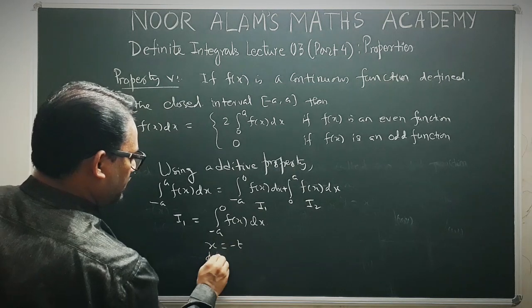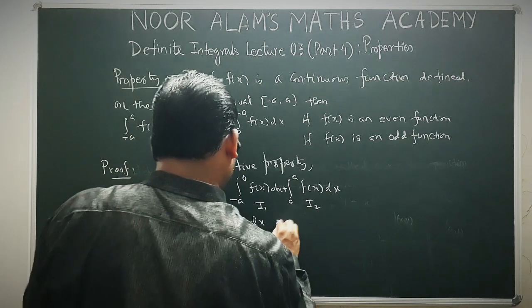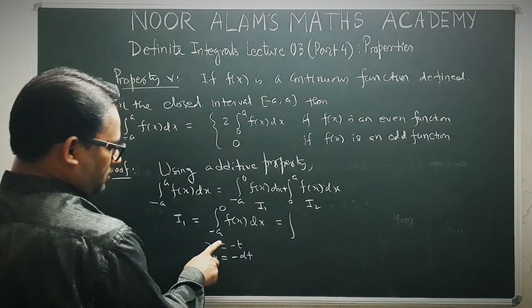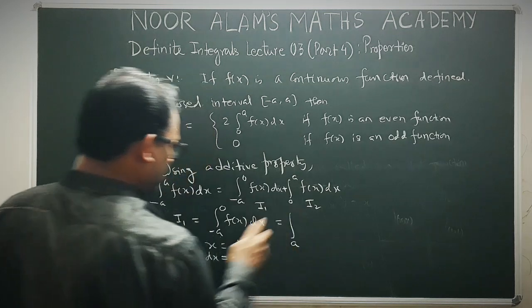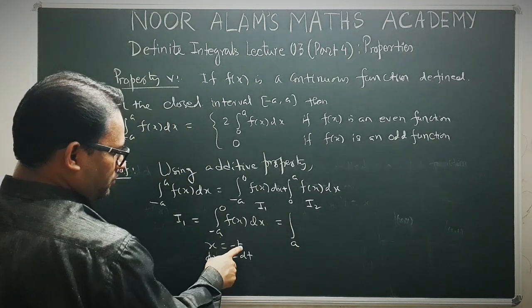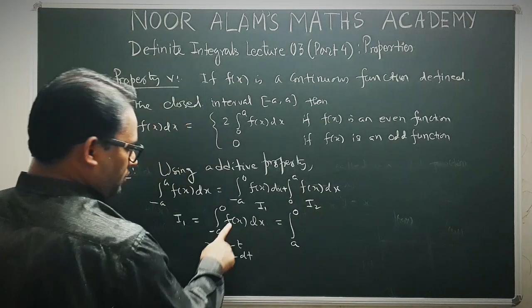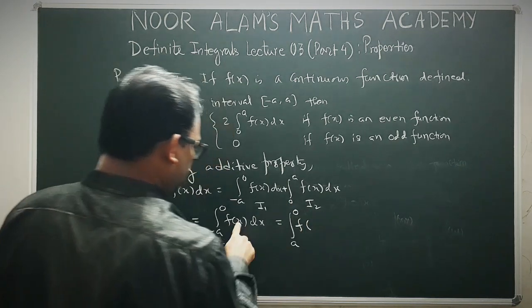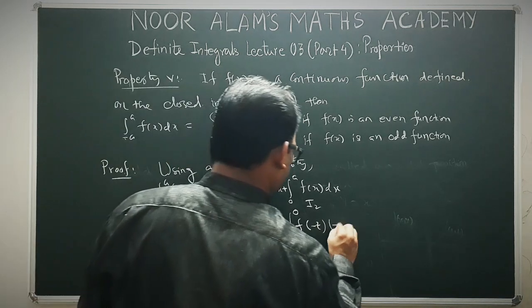So dx becomes minus dt. Now I1 becomes: when x is minus a, the minus cancels and t is equal to a. When x is equal to 0, minus t is equal to 0, so t is also 0. Now f(x) can be replaced by f(minus t), and dx is replaced by minus dt.